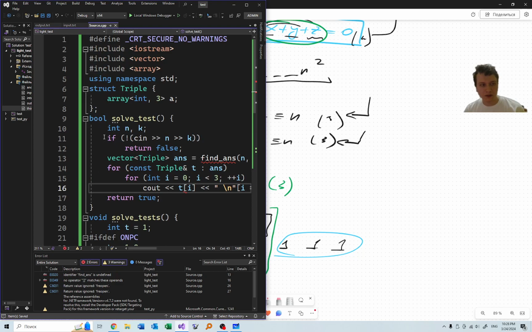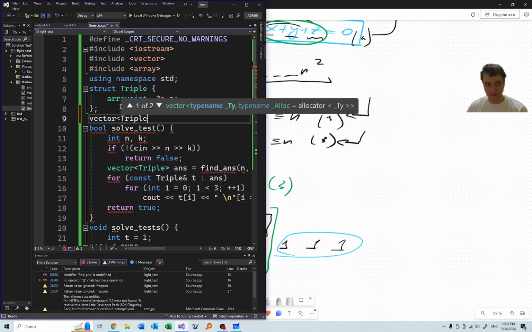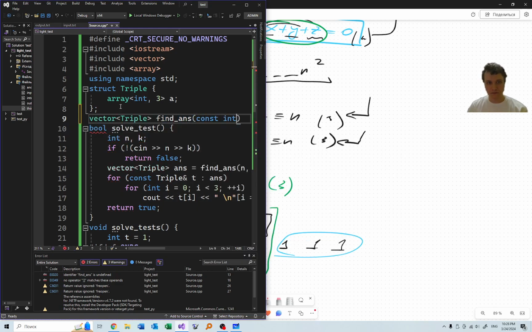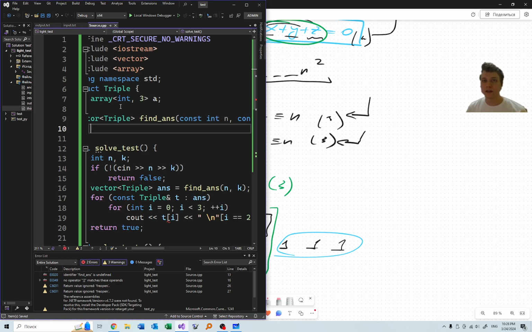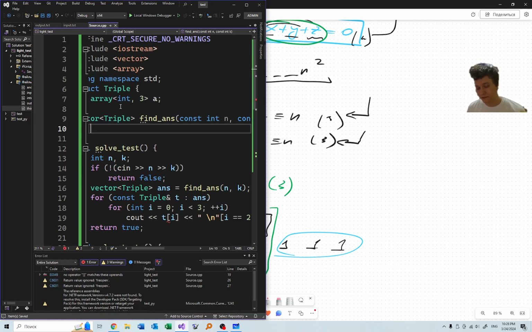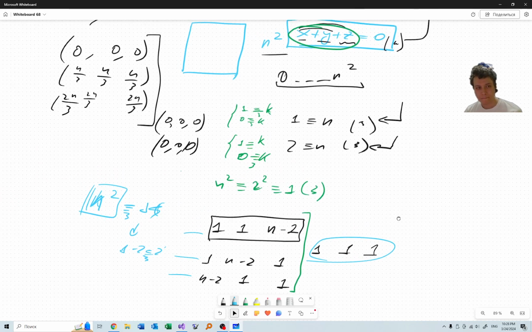Okay, so we only need to find ours, which is the vector of triples. Nice. How do we do it? So firstly, we have some basic solution. Yeah, so what is the basic solution?